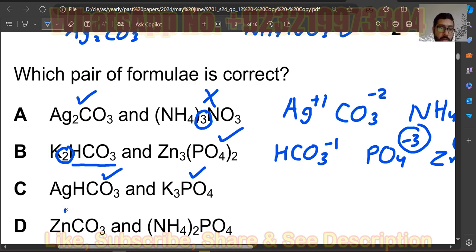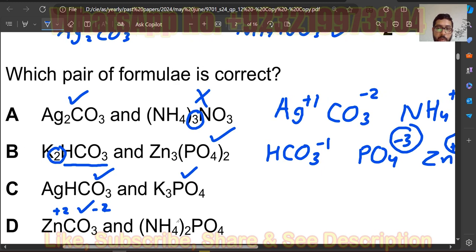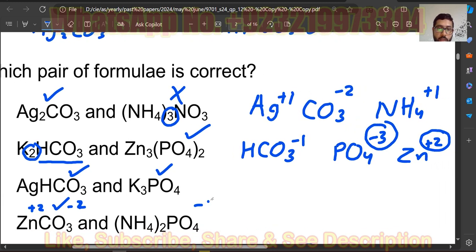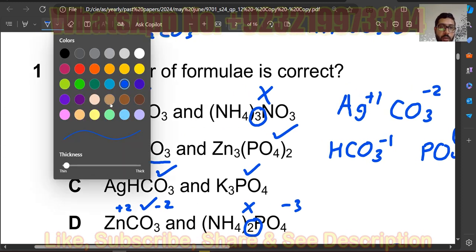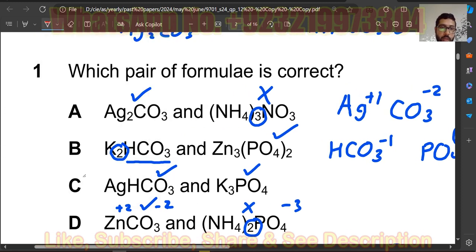Zinc has +2 charge and carbonate has -2 charge, so considering that, it is a correct formula. But for ammonium phosphate, phosphate has -3 charge, so it should be 3 over here, not 2. So this will become incorrect. That's why the correct option of this question is option C.